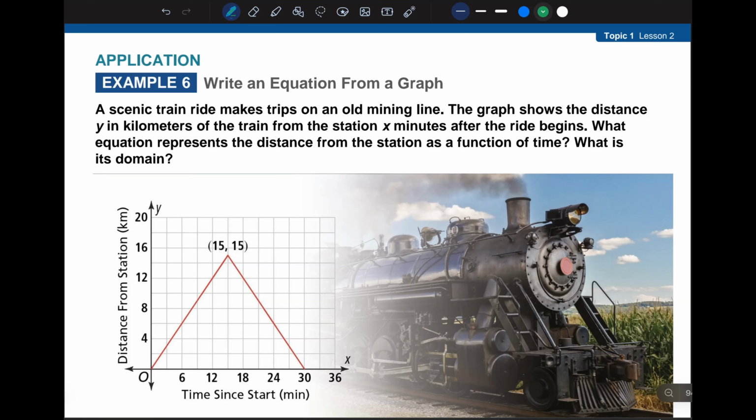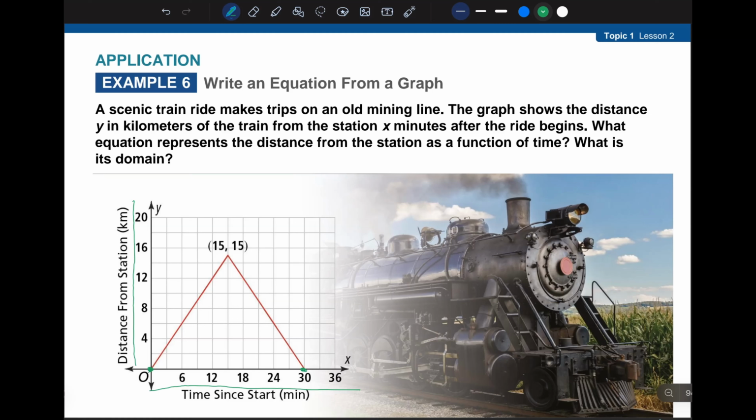So we already know that the y value represents the distance from the station and the time since it starts. Okay, so at 0 minutes, we are 0 from the station, and at 30 minutes, we are 0 from the station. All right, so apparently we made a trip, and we came back. It also took us 15 minutes to reach wherever our destination was.